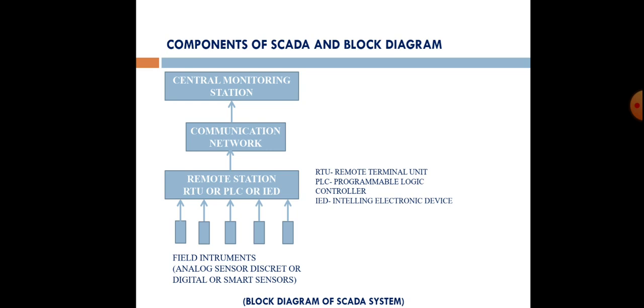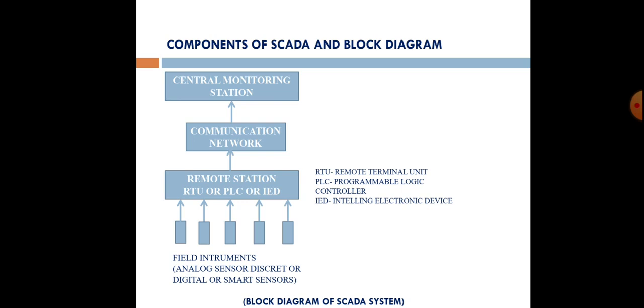Now, third component is Central Monitoring Station, which is called CMS. The Central Monitoring Station is the master unit of the SCADA system. It receives data from the remote station and generates the control signals. A single computer is used as CMS in a small system.